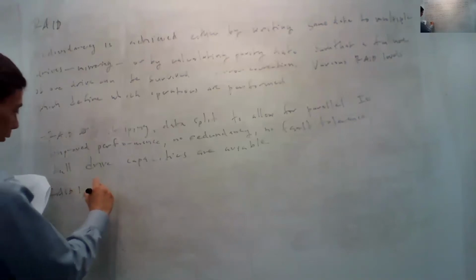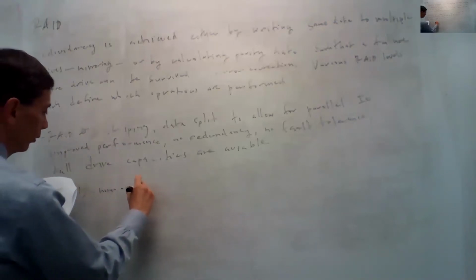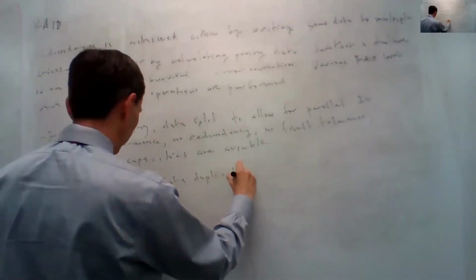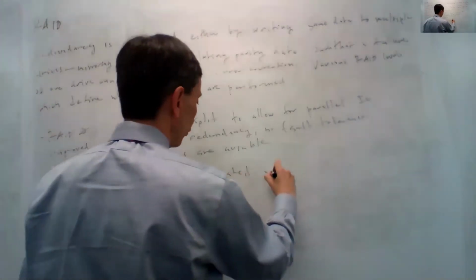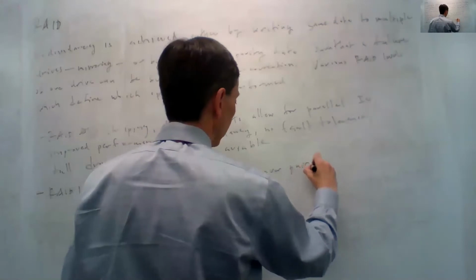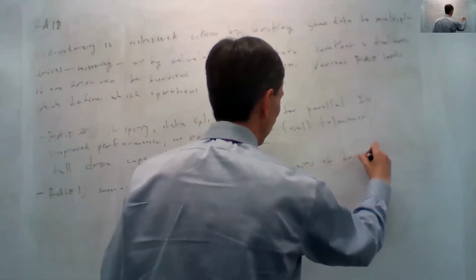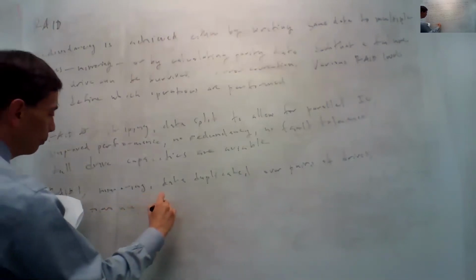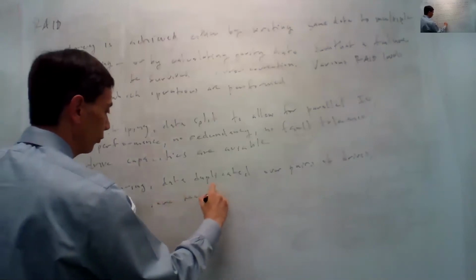that gives you mirroring. So the data is duplicated over pairs of drives. So whatever you write to one drive, you write to some second drive that's paired with the first drive. So obviously here, you're going to get fault tolerance. And maybe some read performance.